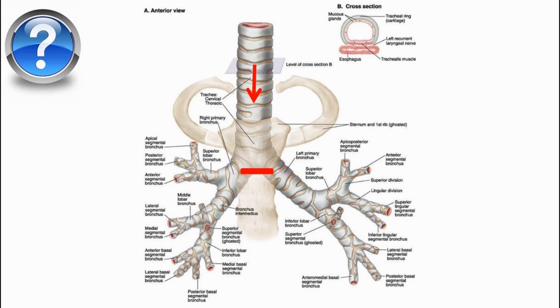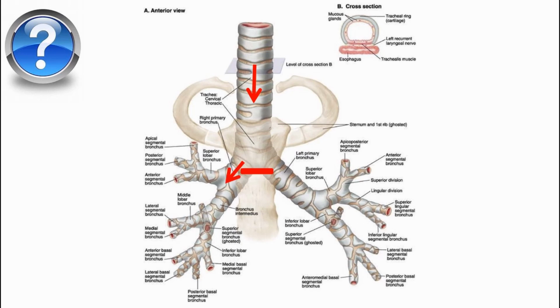From our remarks on this image we can see that the trachea is made of incomplete rings. The incompleteness is posterior, and between the rings there is fibrous tissue connecting them.